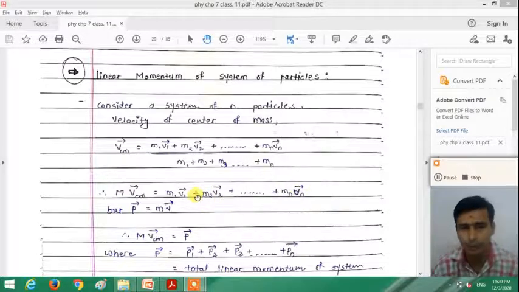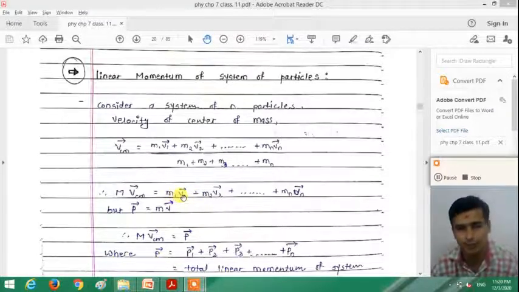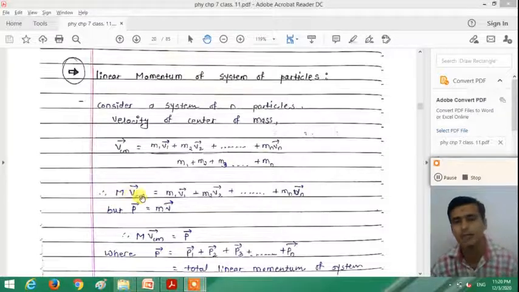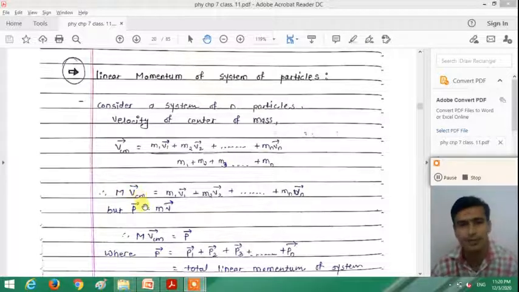Here the product of mass and velocity is called the linear momentum. So m1v1 is the momentum of the first particle, p1, m2v2 is p2, mnvn is pn, right? So M times VCM we cannot write as pCM. Why? Because capital M is the total mass of the system of particles and VCM is the velocity of the center of mass.